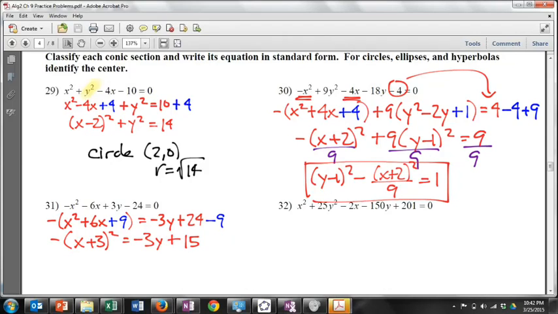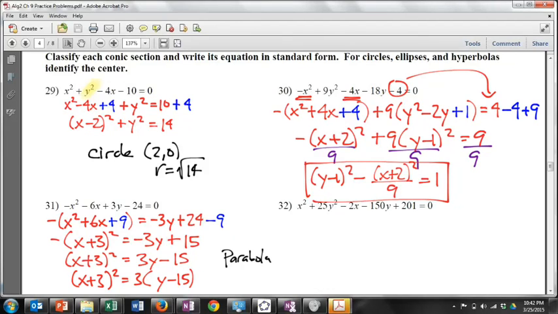Now I'm going to multiply everything by negative 1 just to get rid of the negative. And so I get 3y minus 15. And then I'm going to factor out the 3. So I get x plus 3 squared is equal to 3 times y minus 15. That tells me I have a parabola. It's going to be going up and down.